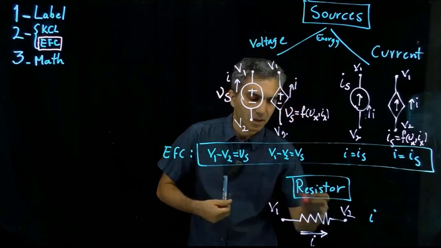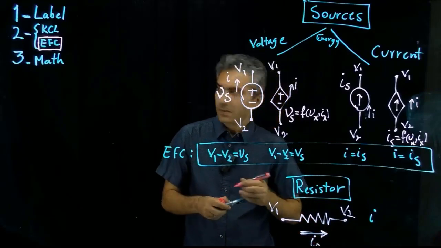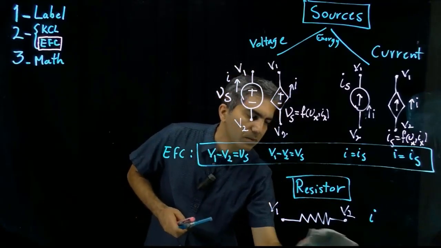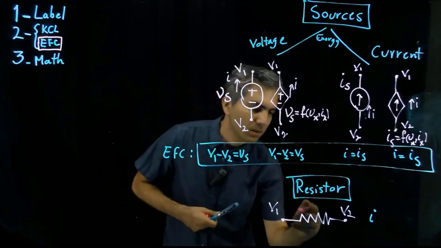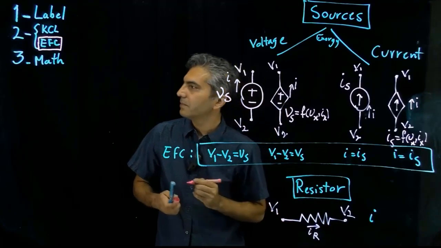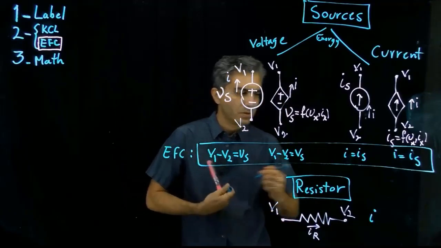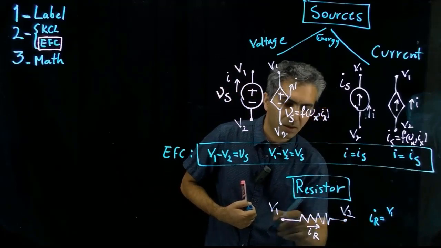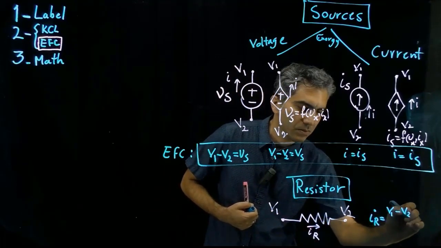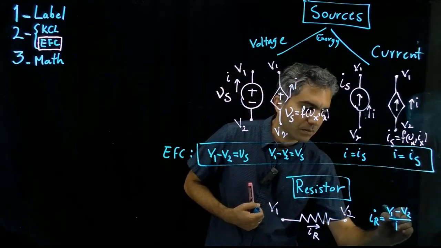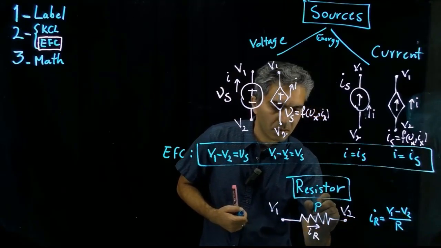Let's actually call that IR. So IR is equal to V1 minus V2, the voltage difference across, divided by the resistance.